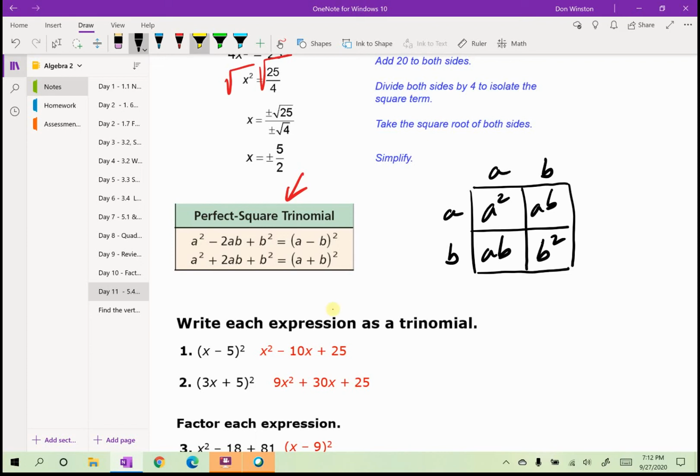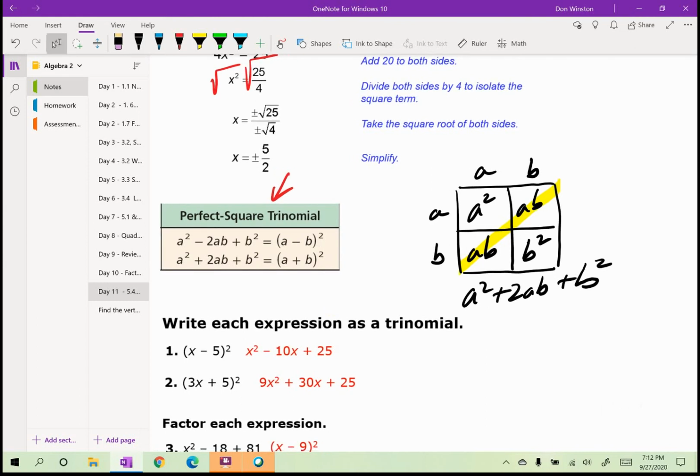So the area of that square is equal to a squared plus 2ab plus b squared. We call quadratics in this form a perfect square trinomial because the sides are the same. The other way I could write that is a plus b is one side times a plus b is the other side, or just a plus b squared.